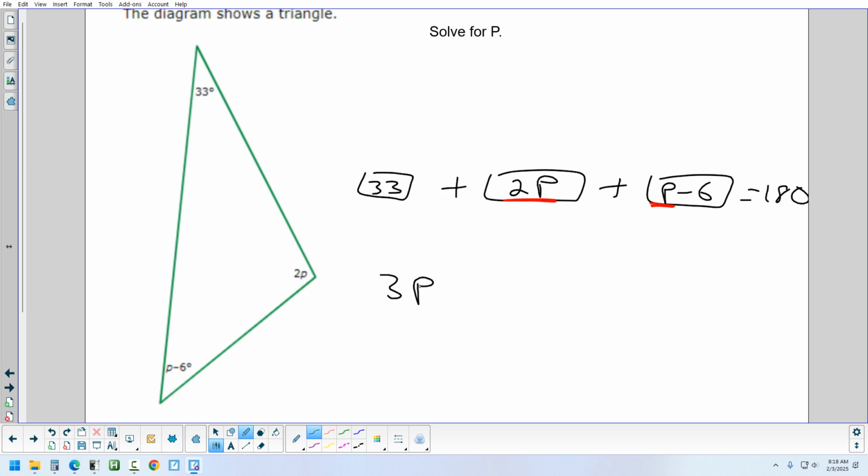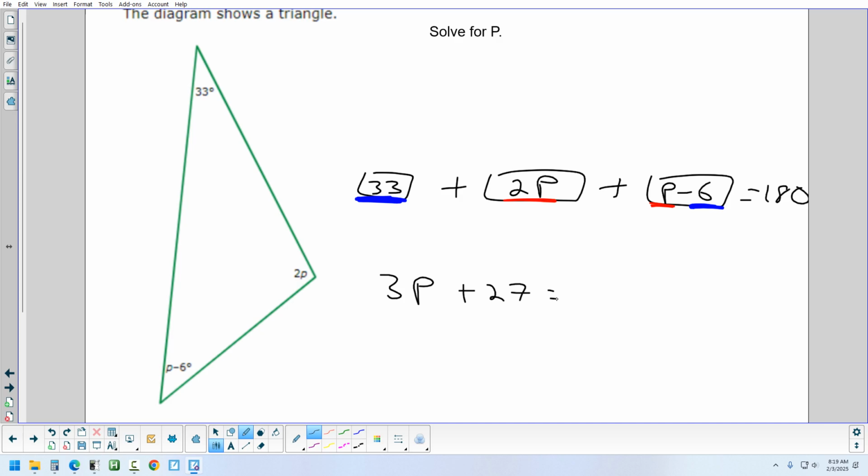Okay, so we got that. Are there any other like terms that I can combine together on the left side? How about Matt? What do you think? 33 and negative 6. Yeah, we can do 33 and negative 6. And what do you get if you combine 33 and negative 6? 27. Okay, so I combined what I could on the left.